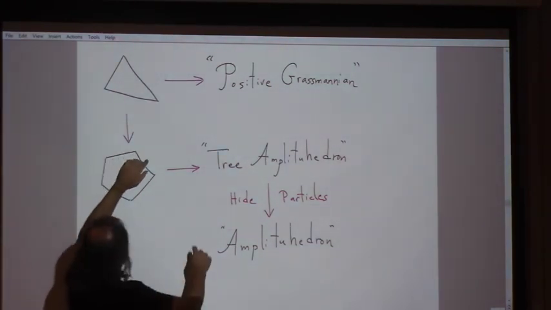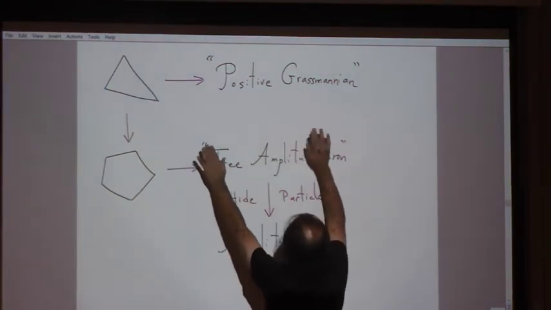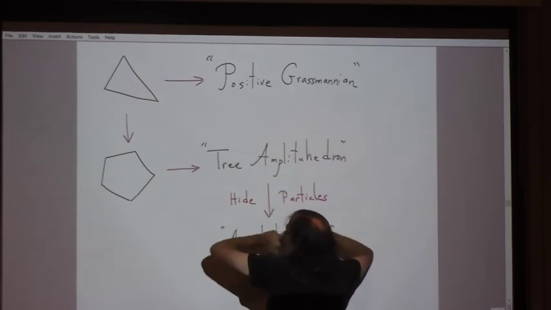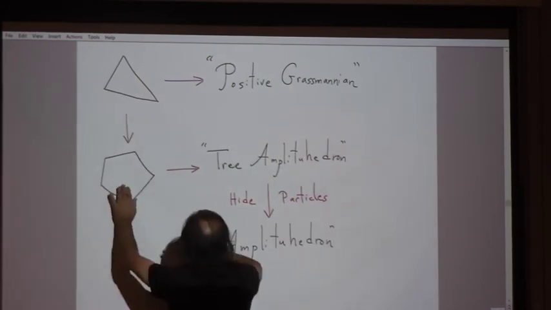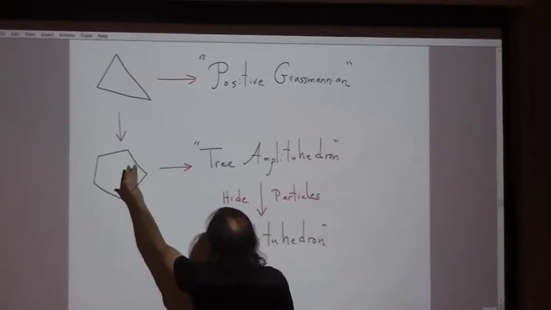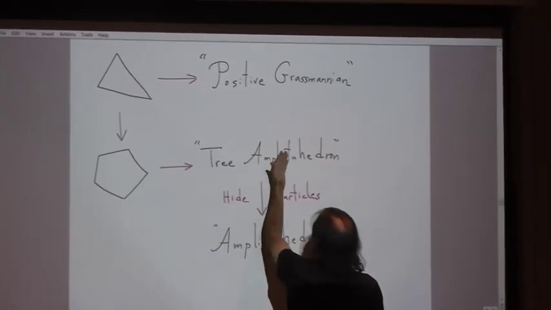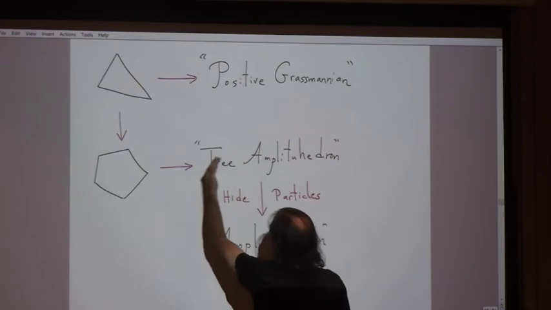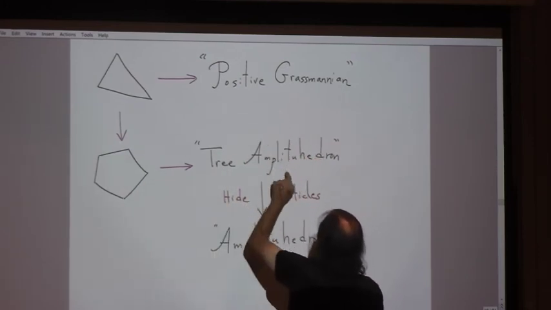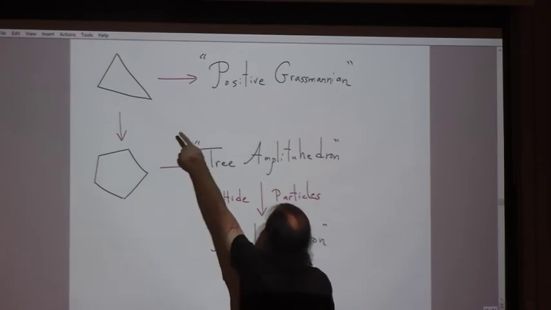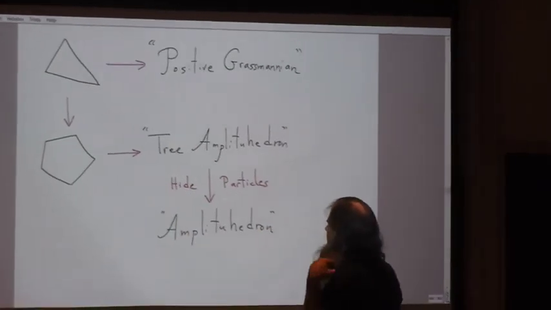So, roughly speaking, the triangle generalizes to the Grassmannian as a positive Grassmannian. That's one generalization. There's another generalization to a polygon and to polytopes. And the cousin, the way the inside of a polygon generalizes into the Grassmannian, is the amplituhedron. The amplituhedron is the analog for polytopes of the positive Grassmannian for simplices.